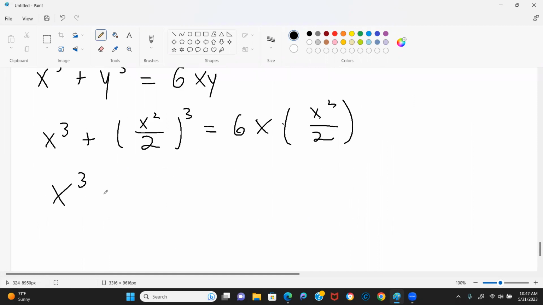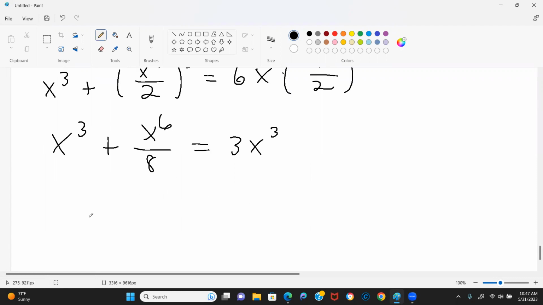We get x cubed plus x to the 6 over 8 is equal to, when you simplify this, 3x. This is a square, I think, yeah. So that'd be 3x to the third. So then, I guess, what's the easiest way to do this? I feel like I did something wrong, actually. Well, no, I think this is right.